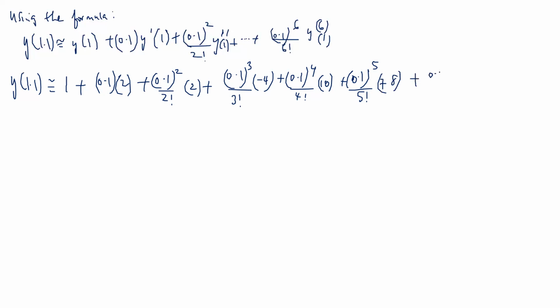So we have 0.1 to the sixth power. Right. So we have 6 factorial, and then the sixth one, we got it to be just about minus 152.